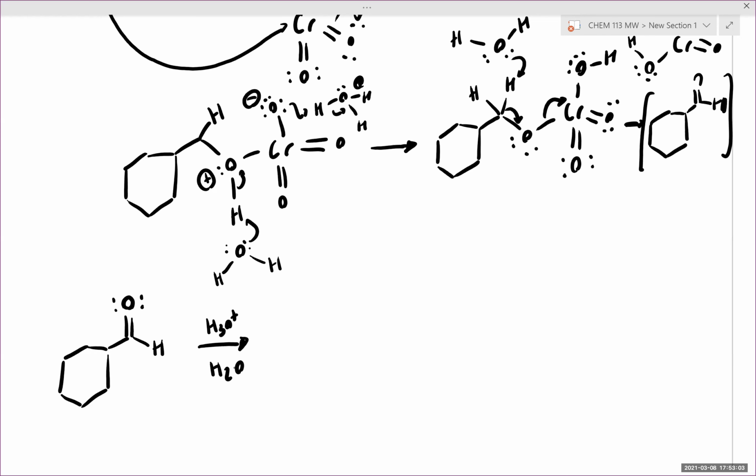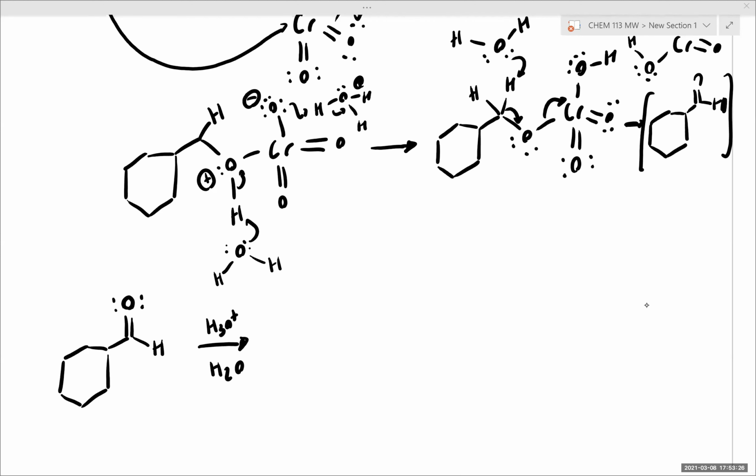So how do we generate an alcohol-like functionality? How do we generate a handle that our chromium can oxidize further? So we're not stopping at the aldehyde.